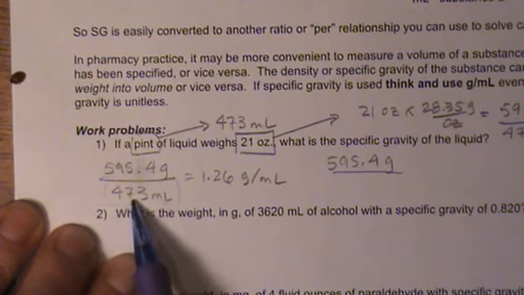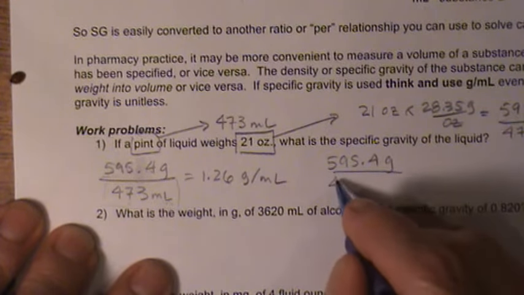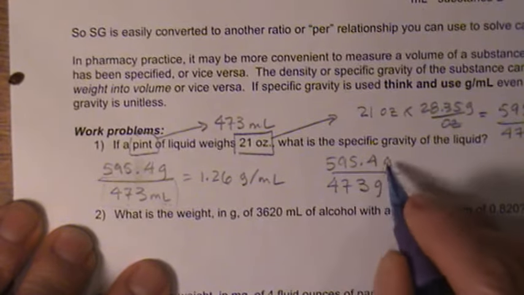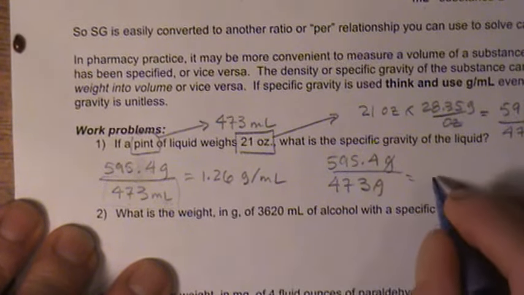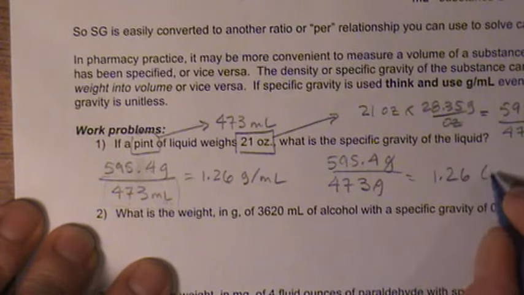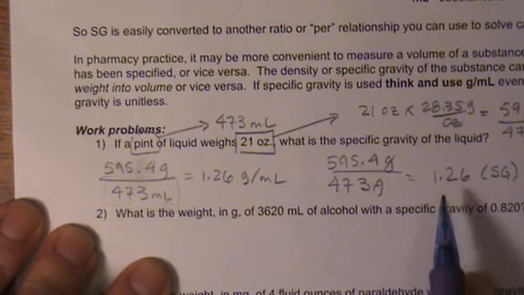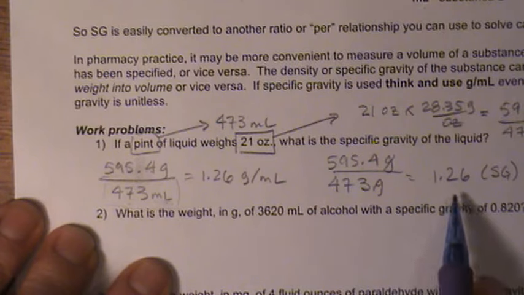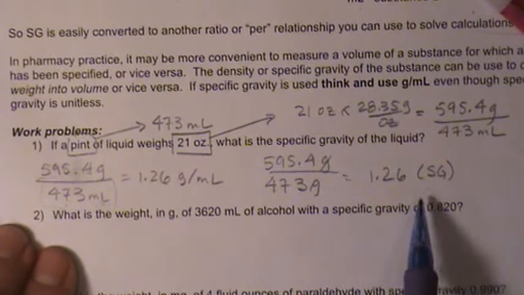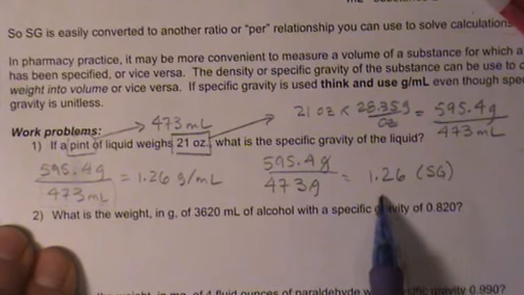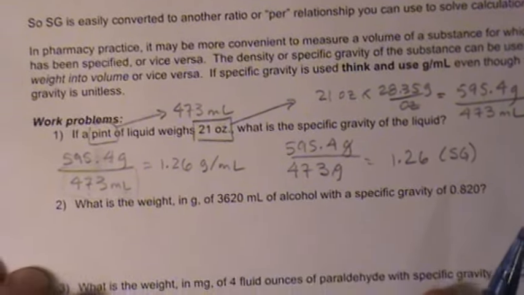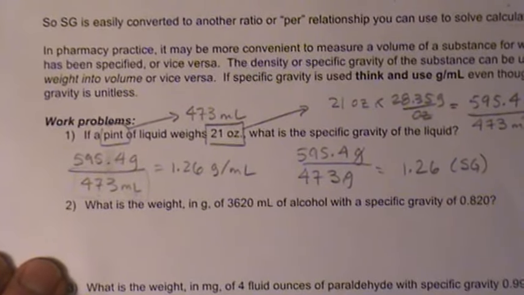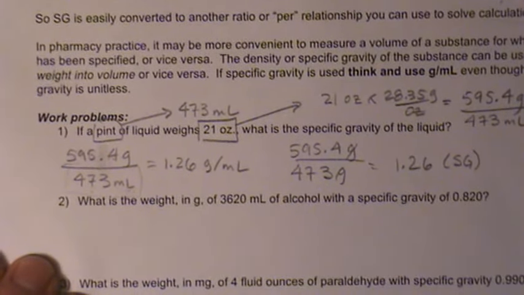Well, how much does 473 mils of water weigh? 473 grams. Our grams cancel out. Of course, you're going to get the same number, 1.26, but it's unitless because it's specific gravity. So the specific gravity of our substance here is 1.26. All right? It's more dense than water, etc.